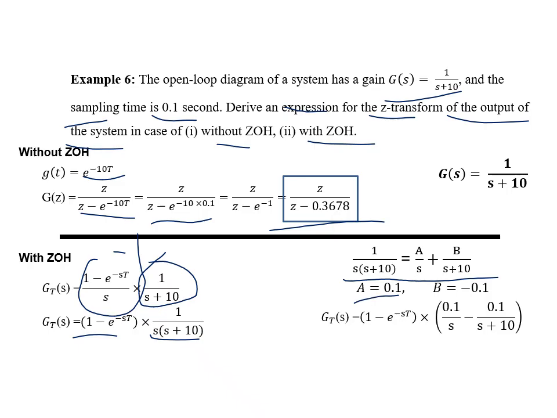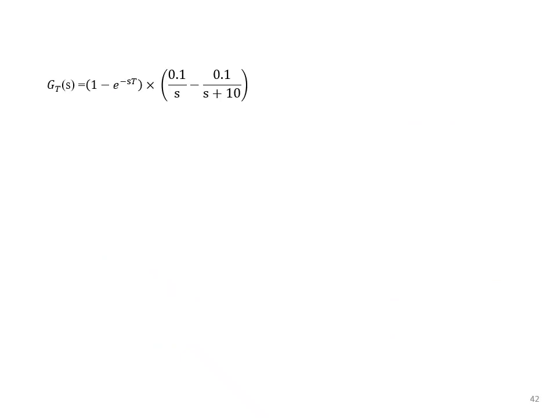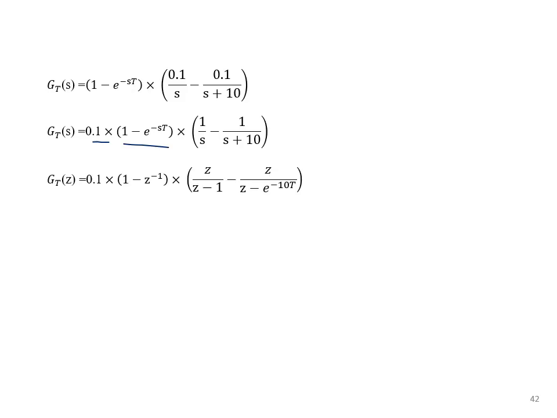We get A equals 0.1 and B equals negative 0.1. We have 1 minus e power negative sT times 0.1 over S minus 0.1 over S plus 10. Then we take 0.1 as a common factor: 1 minus e power negative sT times 1 over S minus 1 over S plus 1.